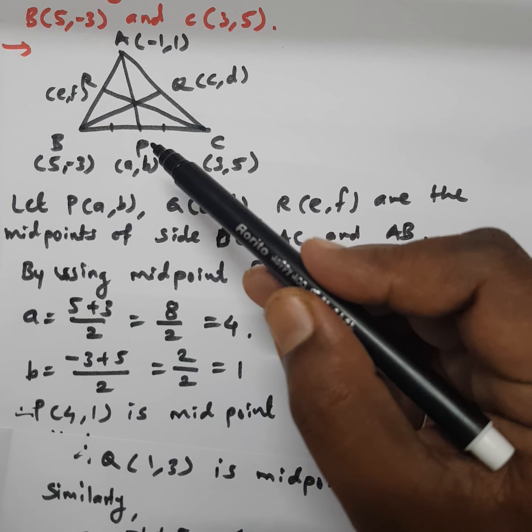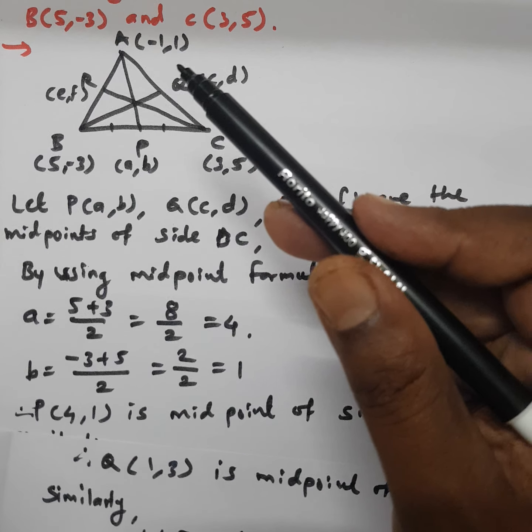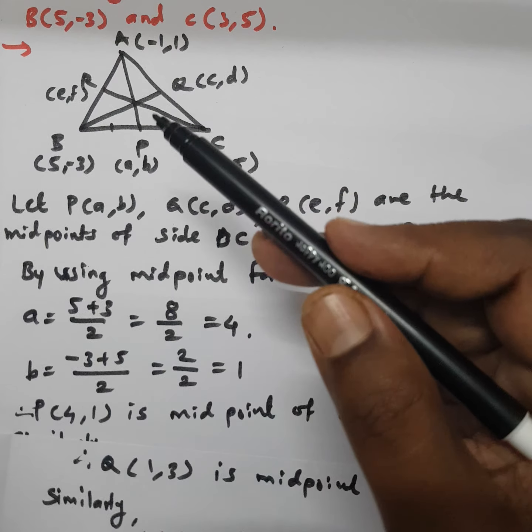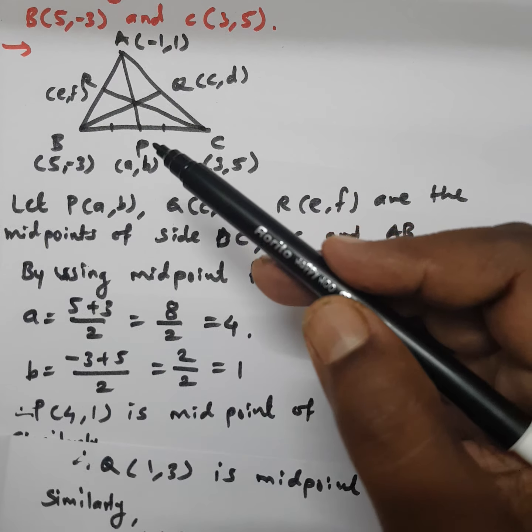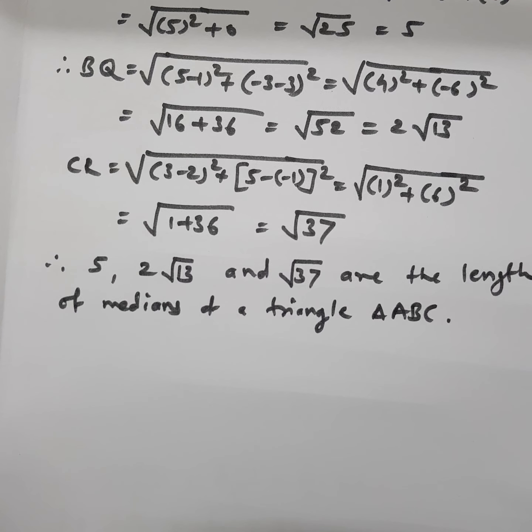First we found the midpoints, the coordinates of midpoints of sides AB, BC and AC. Then by using the coordinates of the two endpoints of each median, we found the lengths of the medians of triangle ABC. In this way, you can solve the examples by using the distance formula, midpoint formula or section formula. It was the 13th example from the problem set.